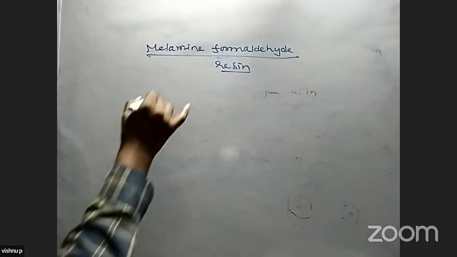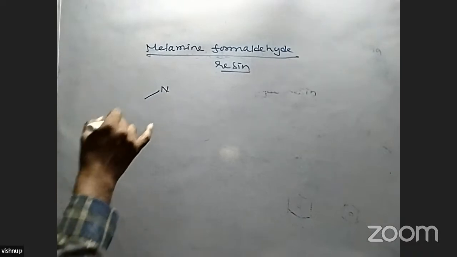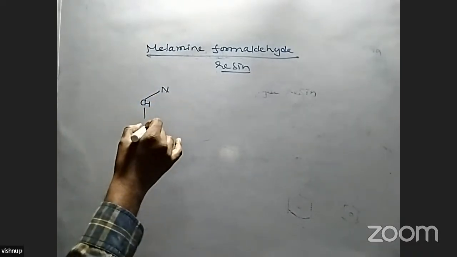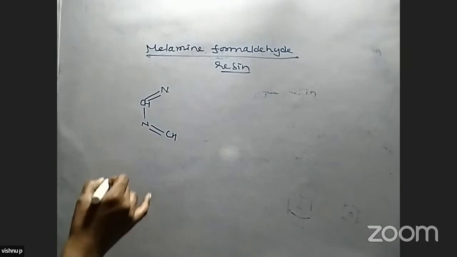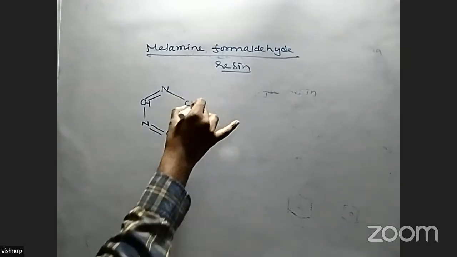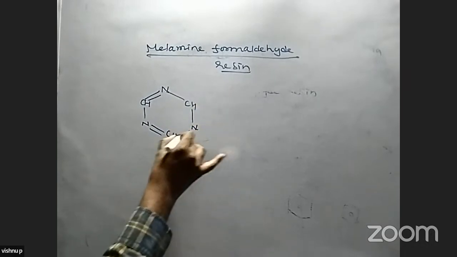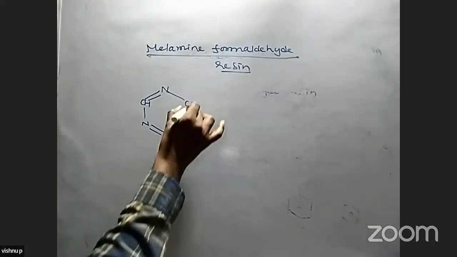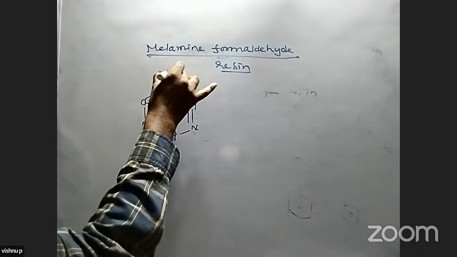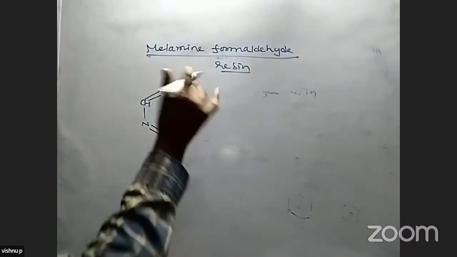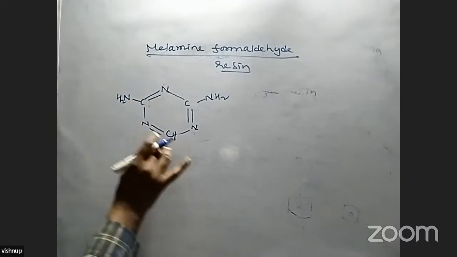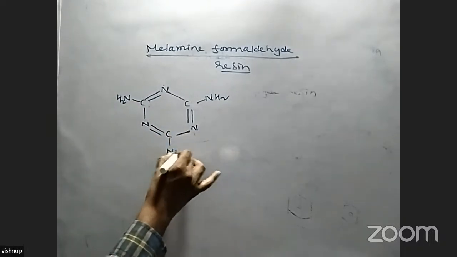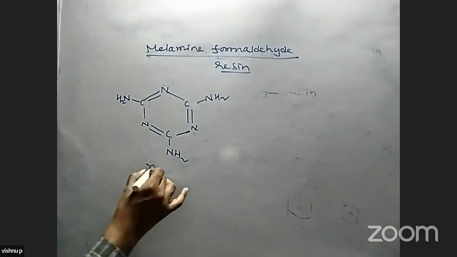What is melamine? It is like a benzene ring, a cyclic group, but here alternate atoms are nitrogens. There are NH2 groups. This is called melamine.